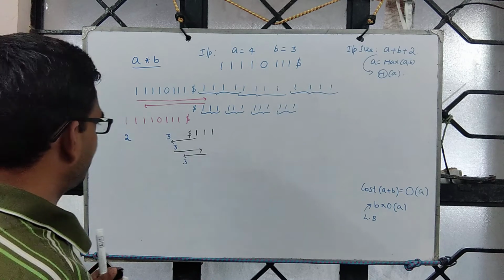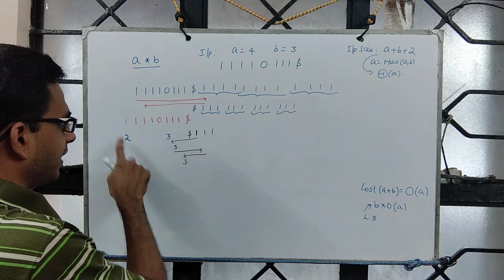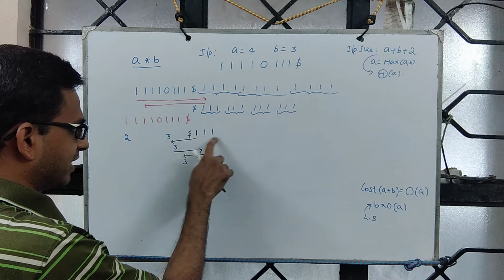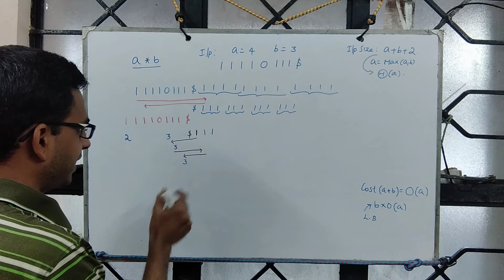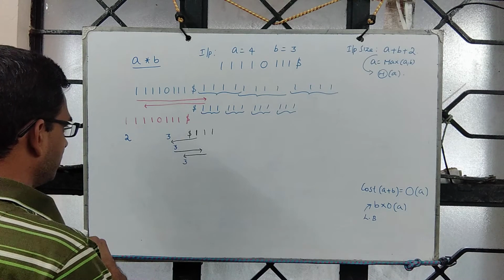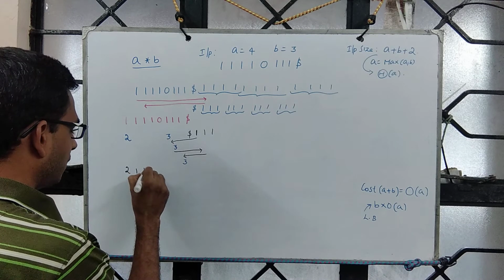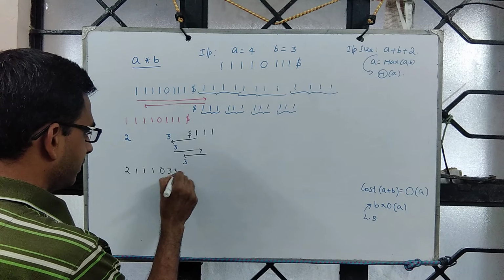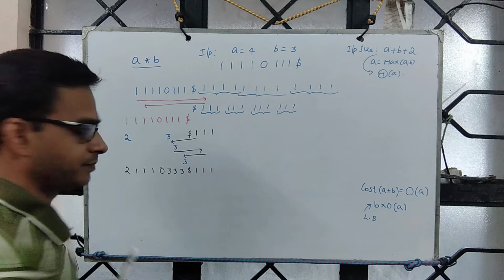So what is that we have done? For this one, we have copied B once. We are done. Now when you come back, the configuration will be like this. So the tape will contain 2, 1, 1, 1, 0, 3, 3, 3, $, 1, 1, 1.